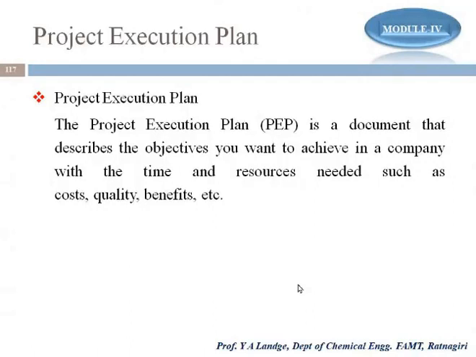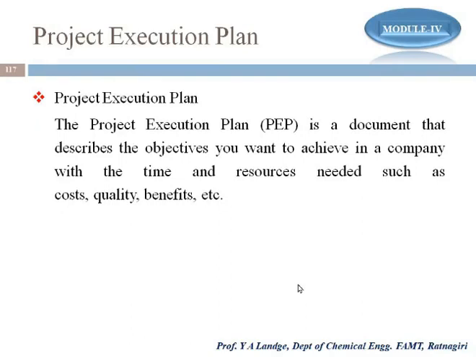Just like when we have an exit plan, similarly there is an execution plan: how you execute things. Many times when we start any work, we need to plan it properly. Once we plan that I need to do this work, we make an execution plan.